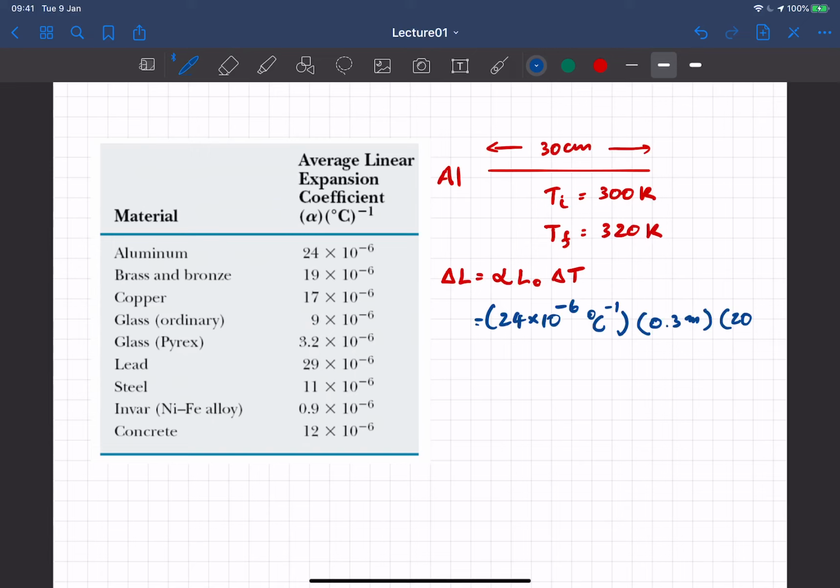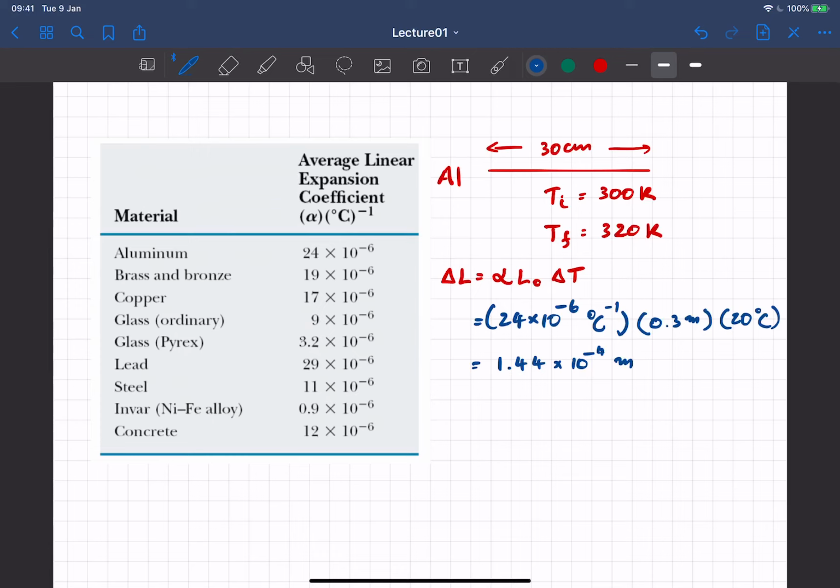This is the third time that I've said this: the delta T in degrees Celsius and Kelvin is the same. So I can use it like this. I calculate this times 0.3 times 20, and what you get is 1.44 times 10 to the minus 4 meter.